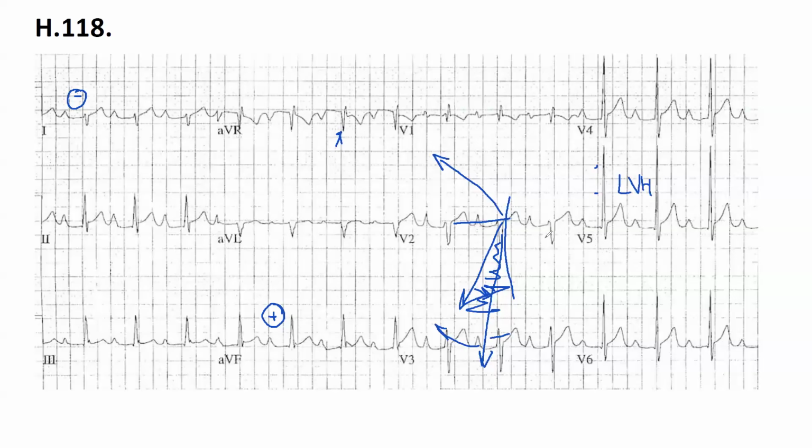If we look at V1 and see the RSR prime, it can be a right bundle branch block, but this is not wide.